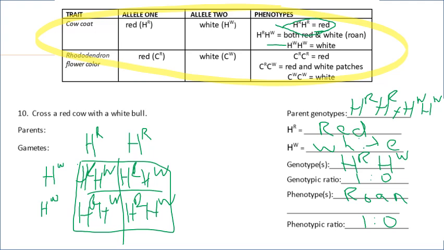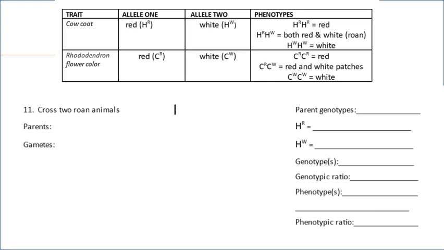Now, it says, what if we were to cross two of these roan individuals? So again, I'm looking at these individuals right here, I'm taking them. So they are the heterozygous version of this.